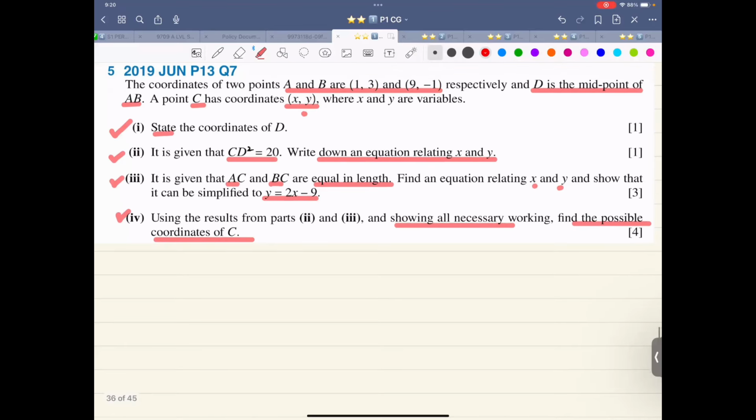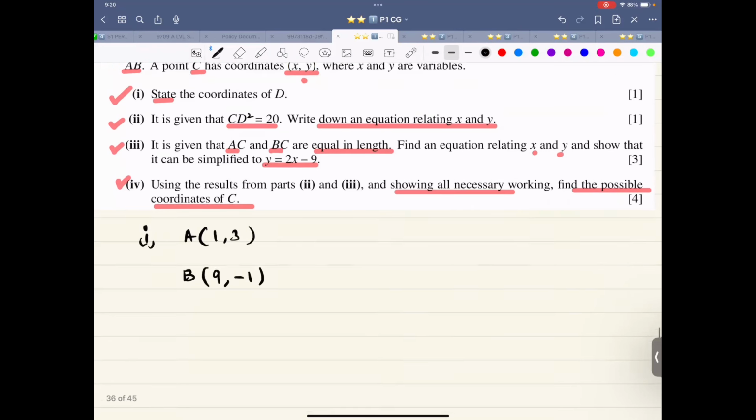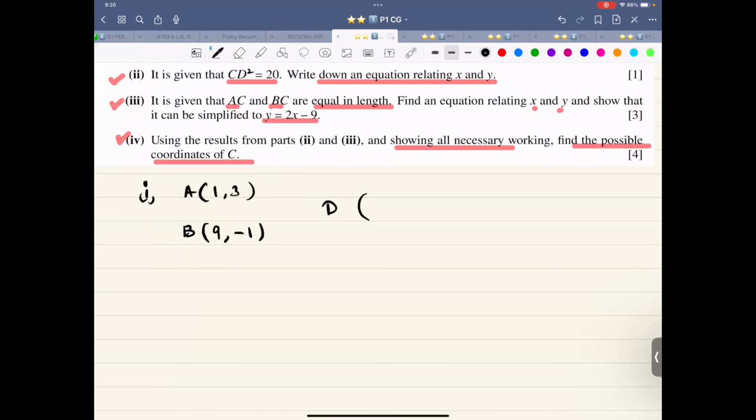So let me do this question completely. First of all, part 1, do label the things. A is 1, 3. B is 9, negative 1. D is the midpoint. So it's the average of the x coordinates, it's the average of the y coordinates.